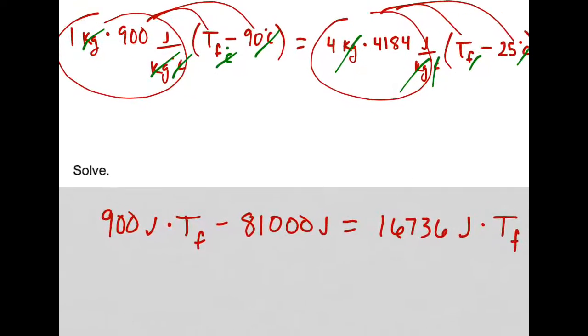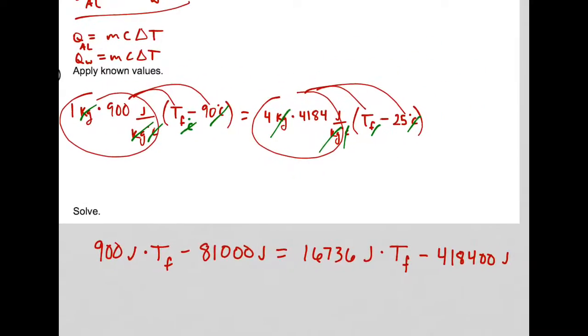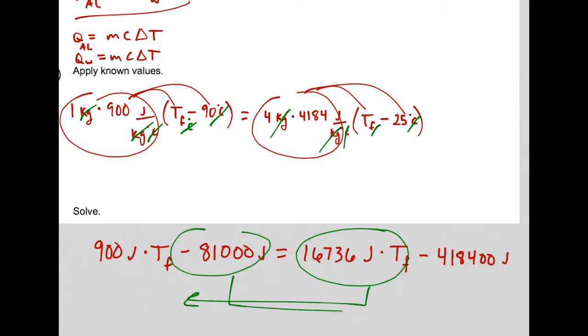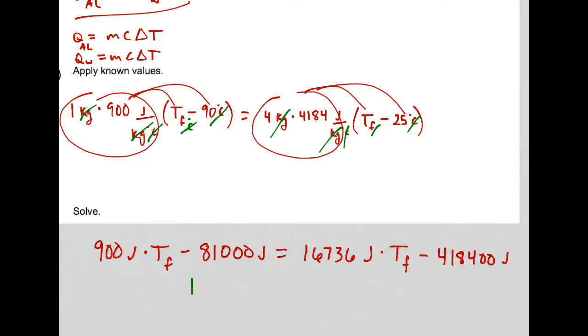I distributed those two, and I'll get the letters to the left and the numbers to the right, so I'll add or subtract those over. I'll do this first: 81,000 joules plus 81,000 joules.